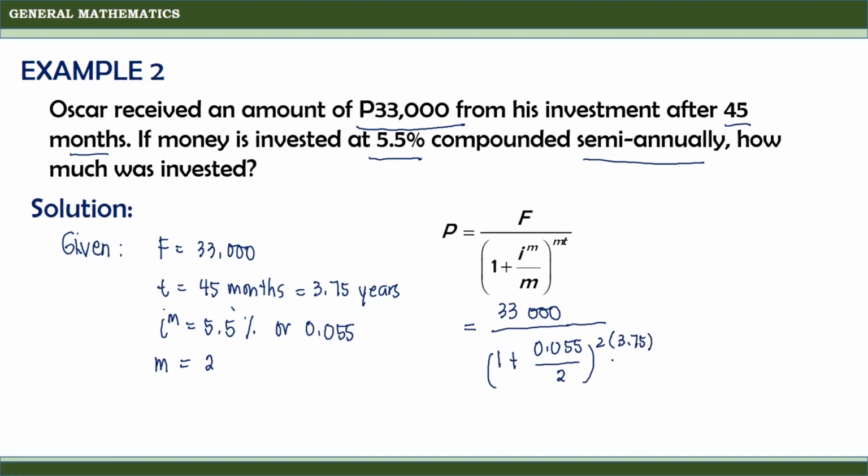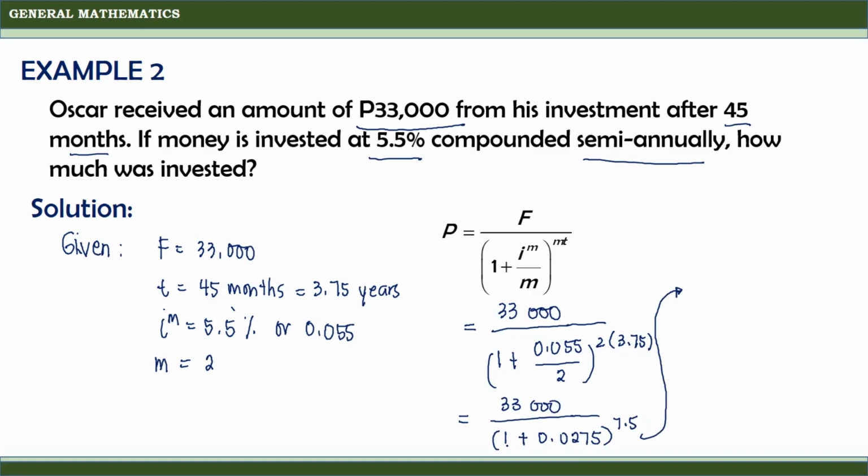Next, what we need to simplify first are 0.055 divided by 2 and 2 times 3.75. So it will give us 33,000 divided by 1 plus 0.0275 raised to 7.5.